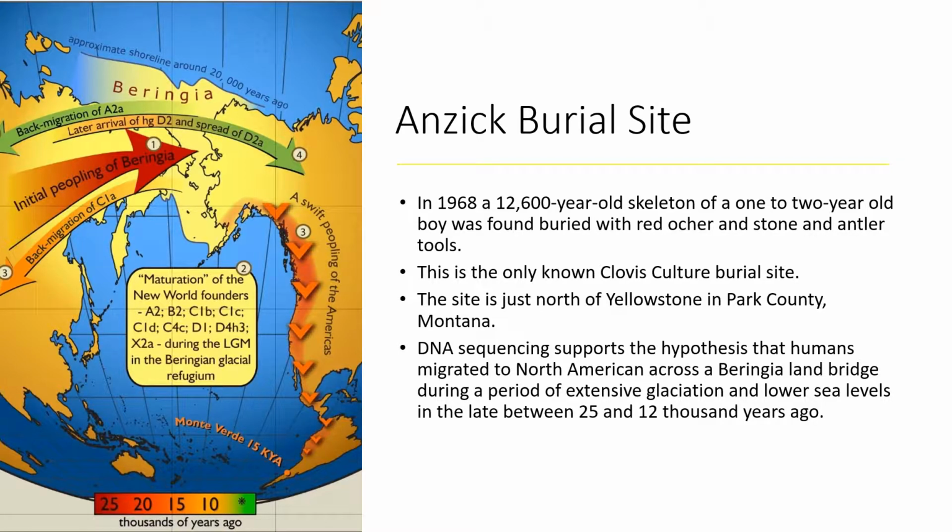And during this time, there were people who inhabited this region called Beringia, where the Bering Sea is now, dating back as much as 20 to 25,000 years ago. So this Anzick site is tremendously significant, and basically is one of the strongest pieces of evidence for this hypothesis of how people got to the Americas across the Bering Sea land bridge.